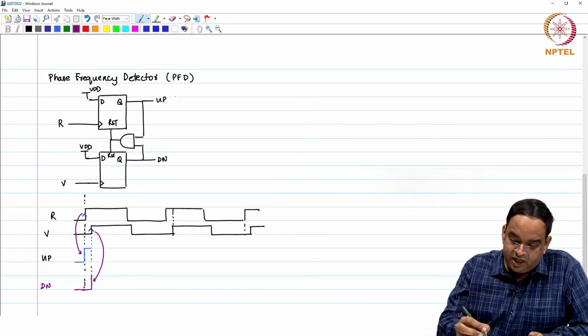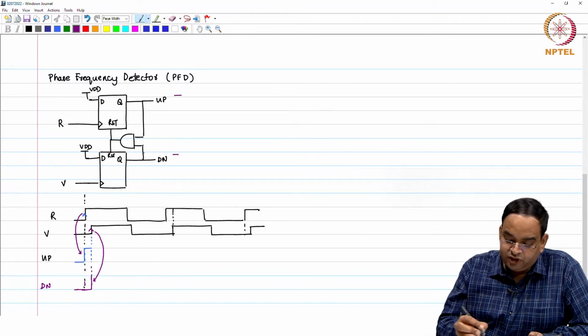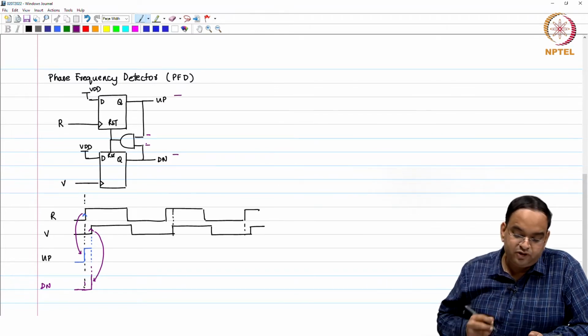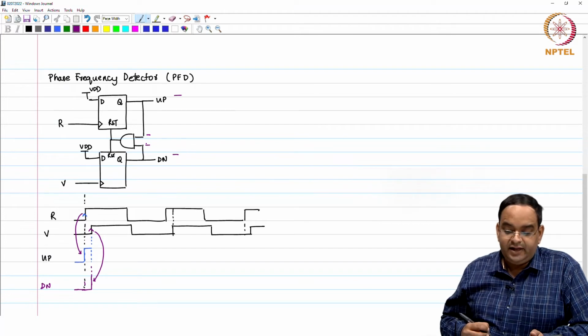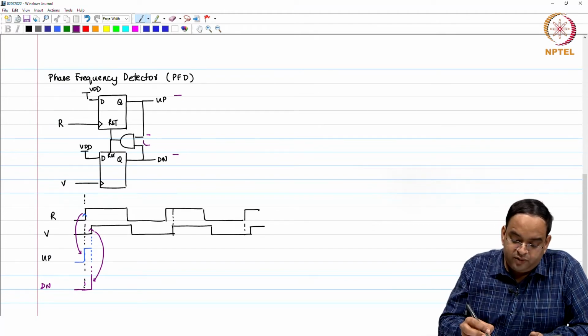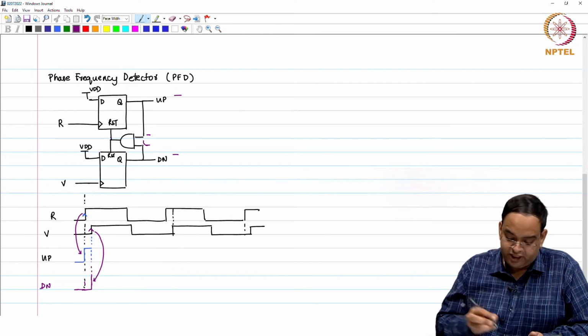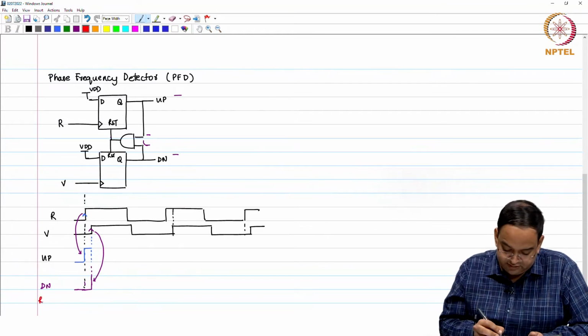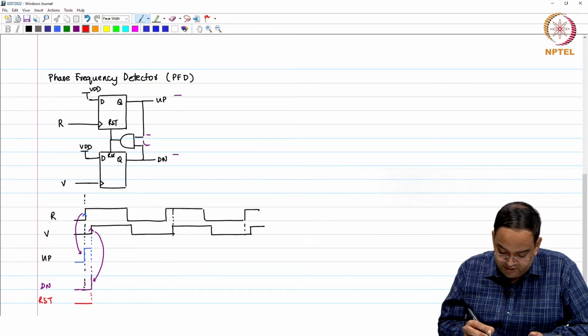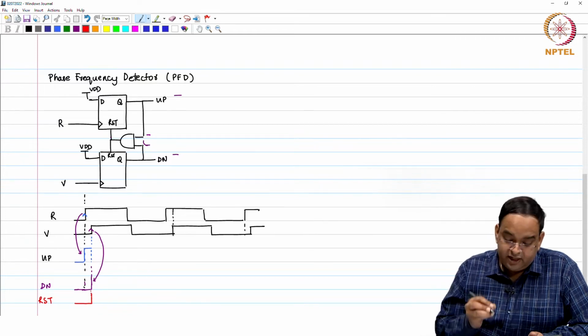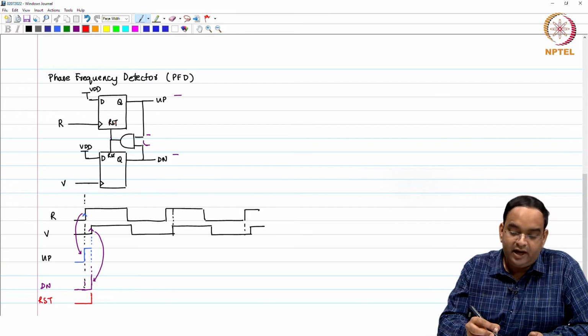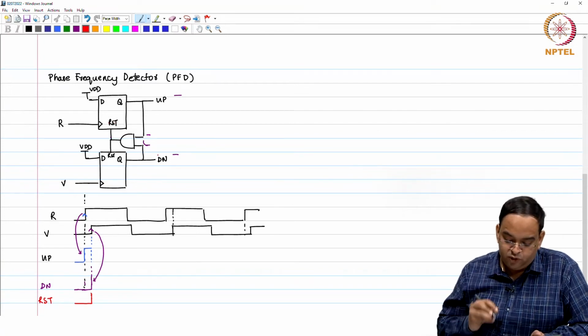Now, as you see, up was already high and down also goes high. So, both the inputs of the AND gate are high now. Because they both are high, the reset signal goes high. So, as soon as your up and down signals both go high, your reset signal goes high, and if reset goes high, then both up and down will be brought to 0.